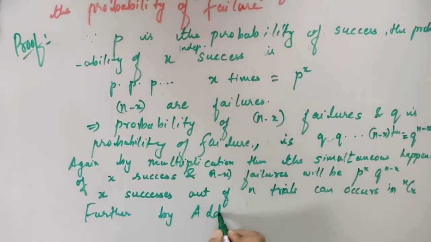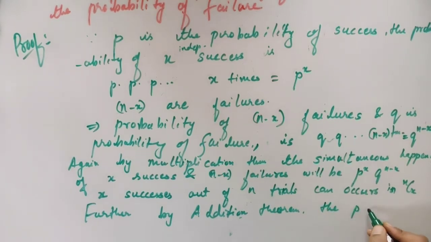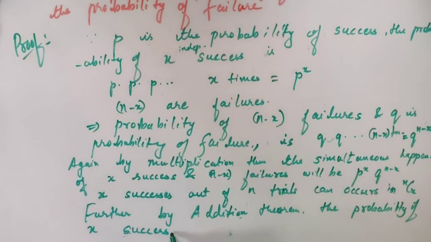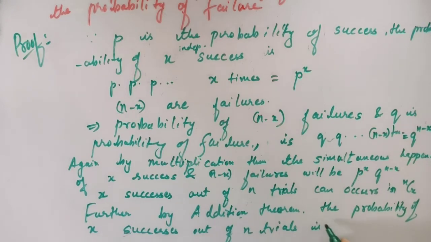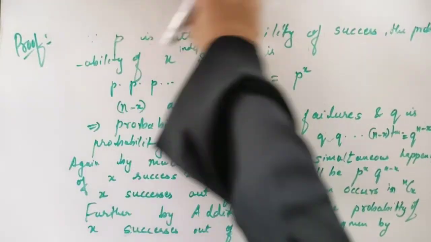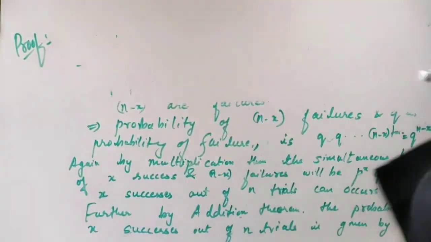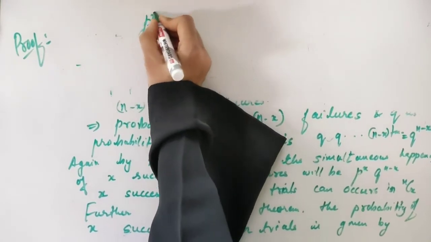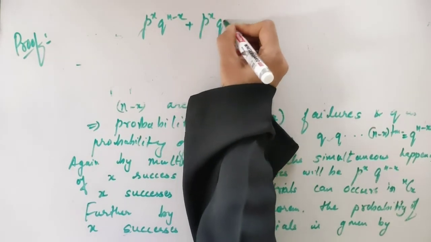Further, by the addition theorem, the probability of x successes out of n trials is given by p raised to x into q raised to n minus x, plus p raised to x into q raised to n minus x, plus so on.